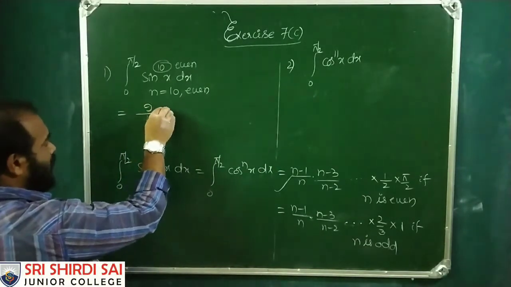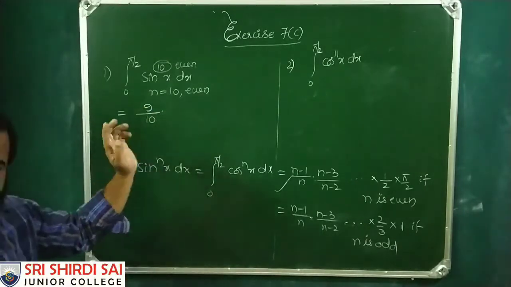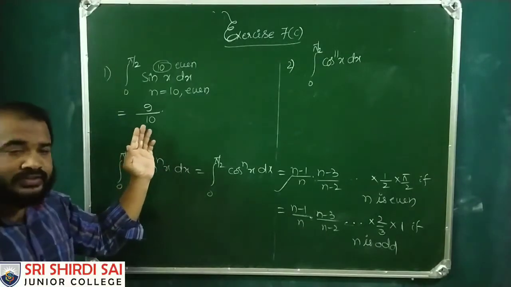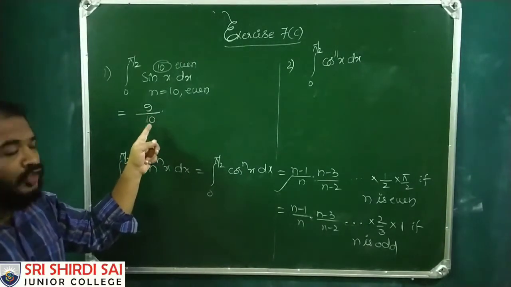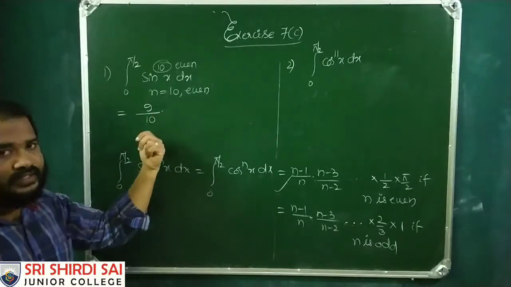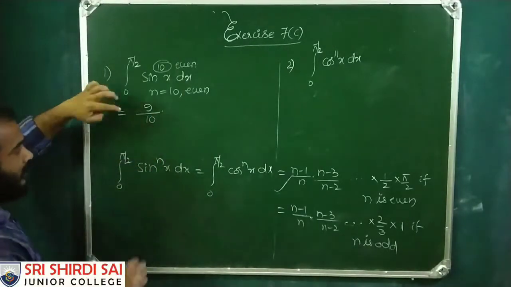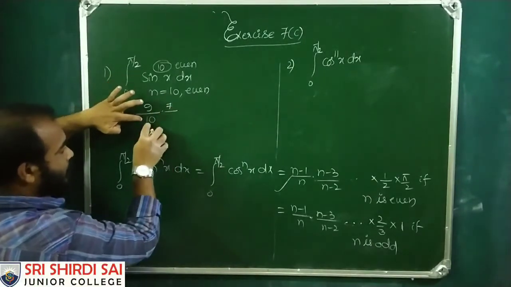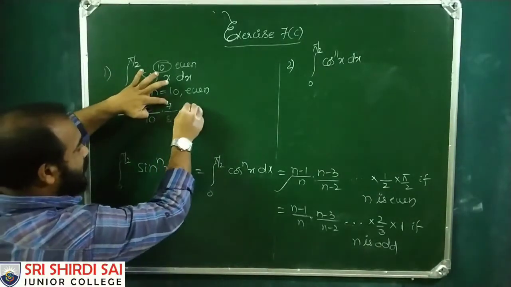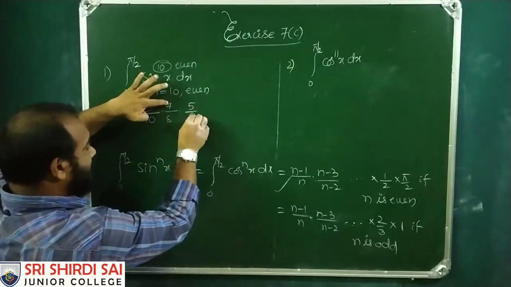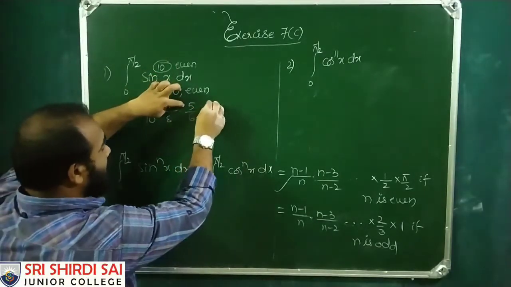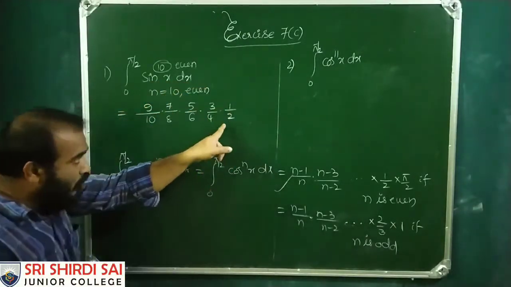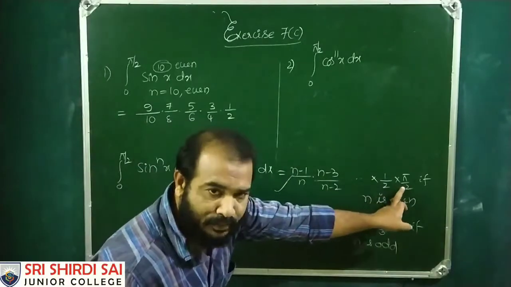Just remembering the very first term is enough. From now on we have to reduce by 2 both on the numerator as well as the denominator. So 9 by 10, reducing by 2, it is 7 by 8. Next it is 5 by 6. Further reduction gives 3 by 4. Further reduction gives 1 by 2. If we got 1 by 2, what is the next term?